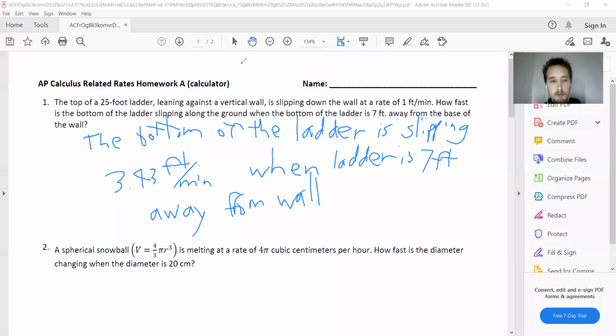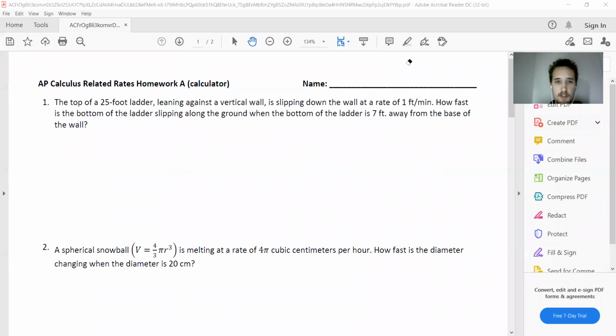Okay, you know what? I'm going to clear that. We'll go on to the next one. I am going to try using my mouse because maybe that might be a bit easier than using a stylus.